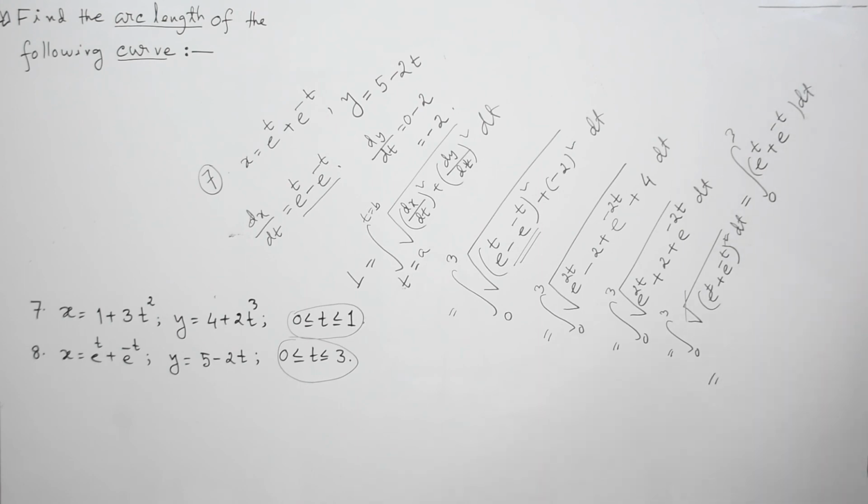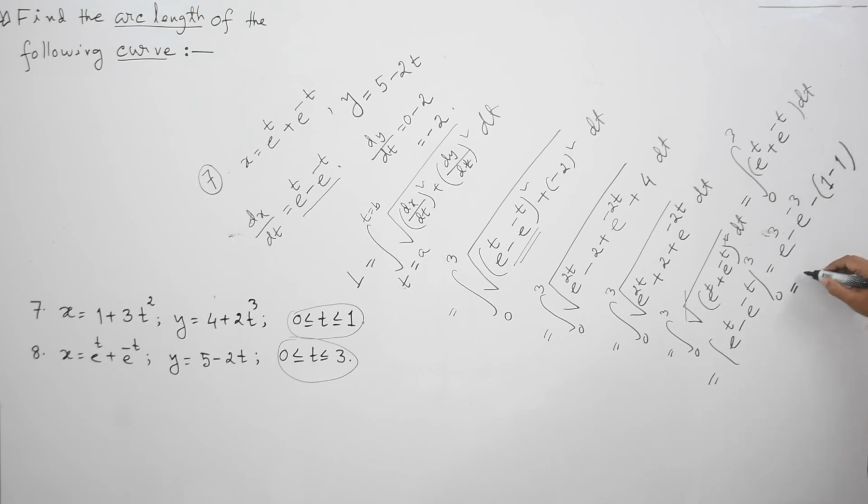this equals the integration of e^t, which is e^t, minus e^(-t), from 0 to 3, which is equal to e^3 minus e^(-3) minus (e^0, which equals 1, minus 1).